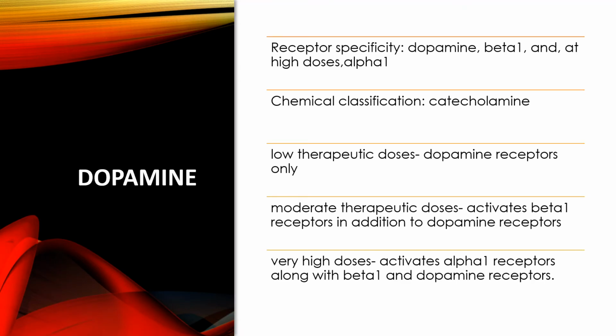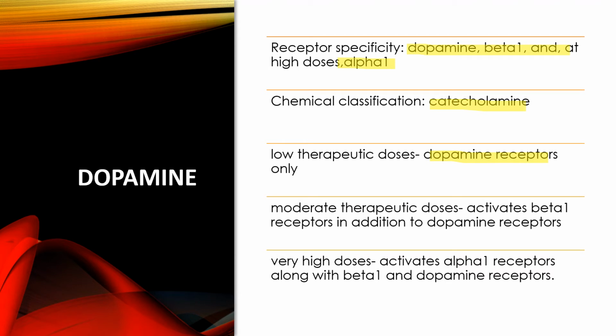Next would be the dopamine. Dopamine receptor specificity is the dopamine receptors, the beta-1, and at high doses, the alpha-1. Chemical classification is that it is a catecholamine. In low therapeutic doses, dopamine receptors are activated.